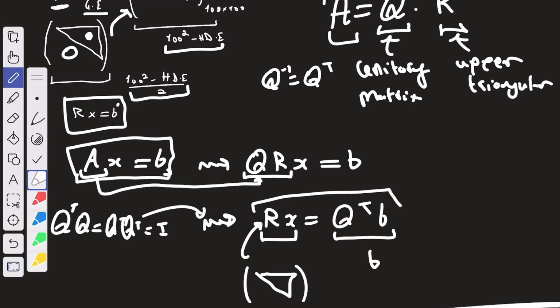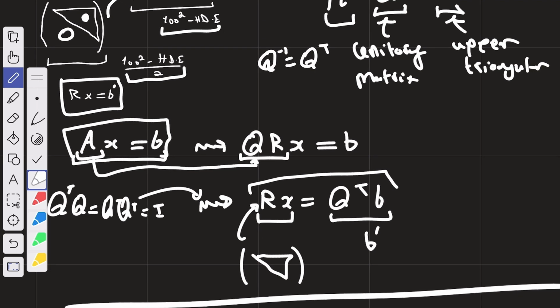Instead of solving Ax equals b, you now have to solve Rx equals b prime, where R is an upper triangular matrix. So you will only have to zero out the entries above the diagonal, which is half the number that you had to zero out in the beginning.